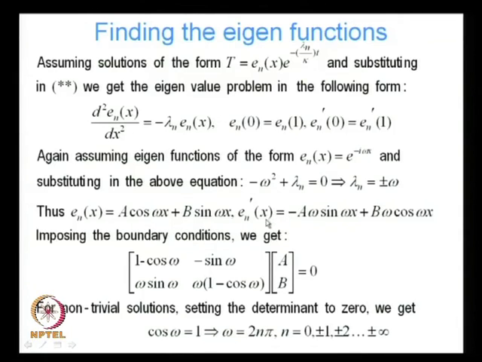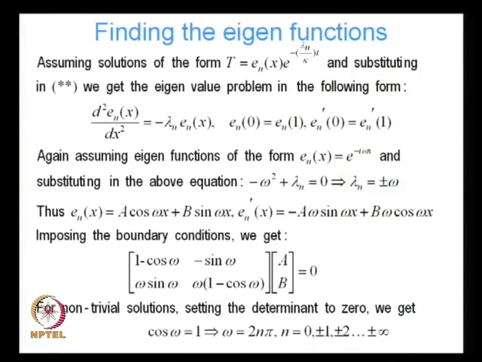Then I evaluate E_n prime at 0, and also at 1, and set them equal. So, I get the bottom equation: omega sin omega times a plus omega times (1 minus cos omega) times b equal to 0.